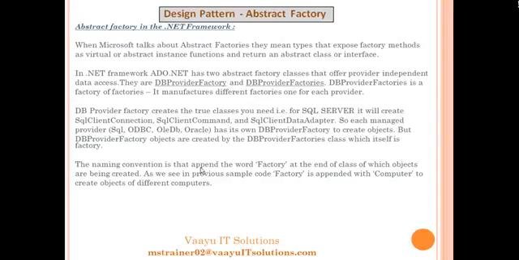So where do we use the abstract factory in the .NET framework? When Microsoft talks about abstract factories, they mean types that expose factory methods. Those factory methods are virtual or abstract instance functions that return an abstract class or interface. Obviously, the name indicates that you are returning something abstract, which can be an abstract class or interface. Where does it fit in the .NET framework?